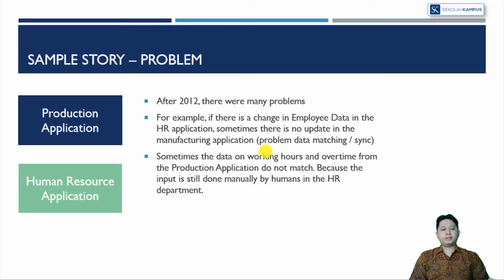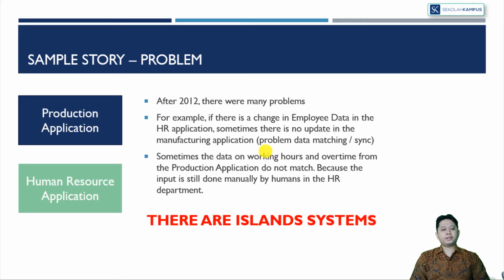Sometimes the working hours and overtime data from the production application and the HR application don't match, because the input is still done manually by humans, or there is no update. This is the second problem: the data is not synchronized.